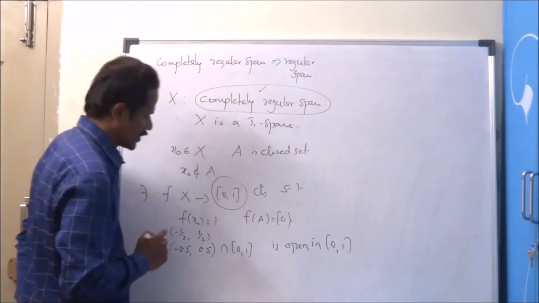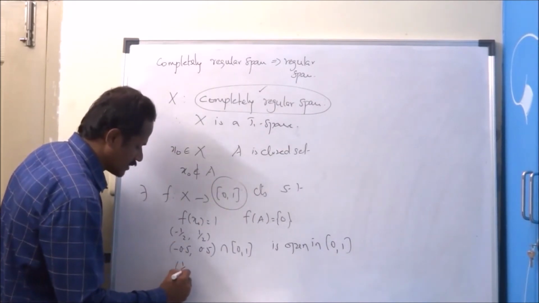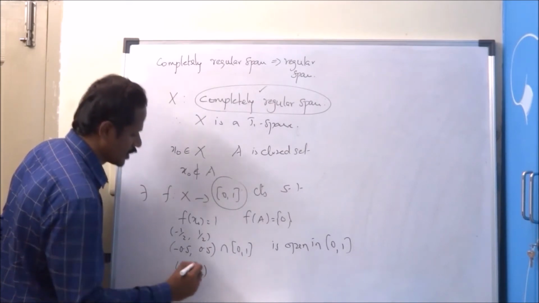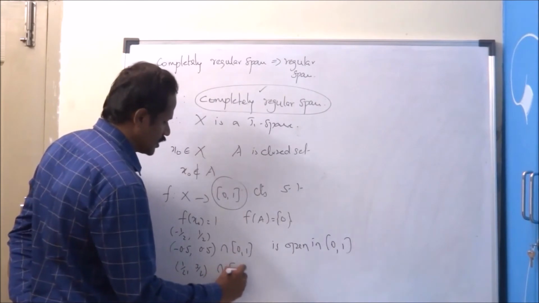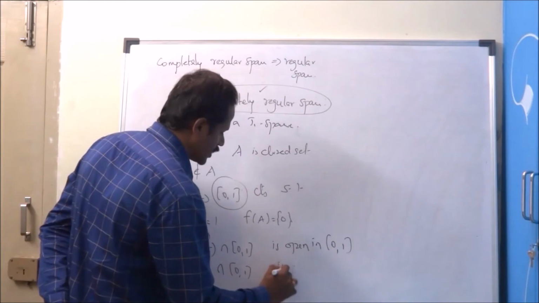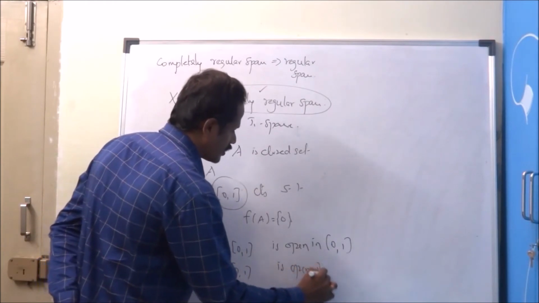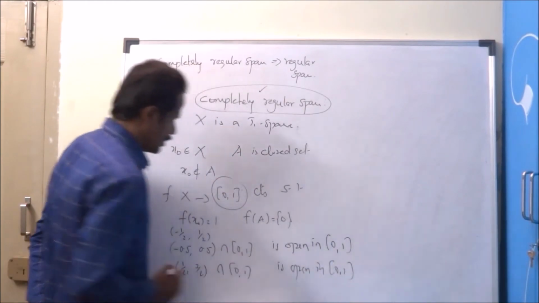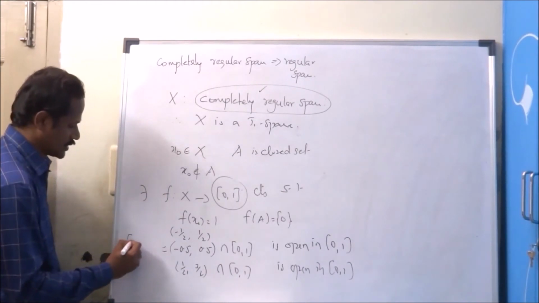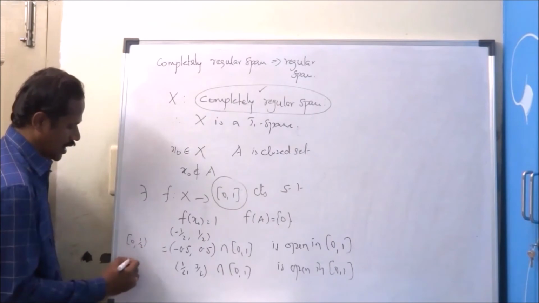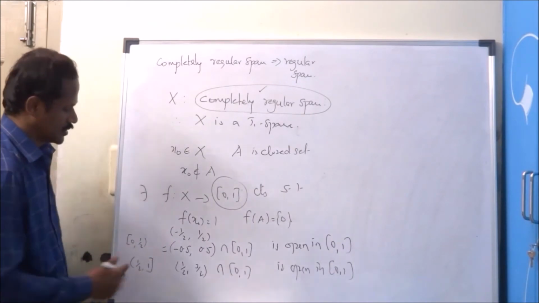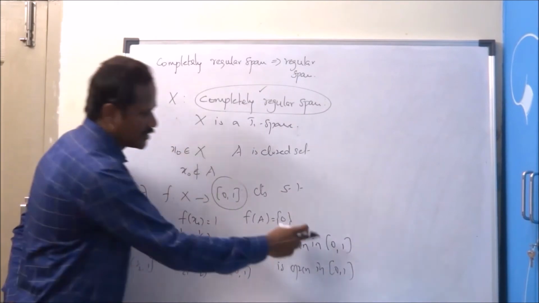Similarly, you consider the interval (1/2, 3/2) and intersect it with [0, 1]. It is also an open set in [0, 1]. What are these sets actually? [0, 1/2) is open and (1/2, 1] is open. So these two sets are open in [0, 1].